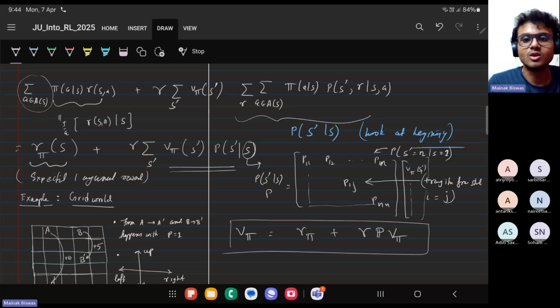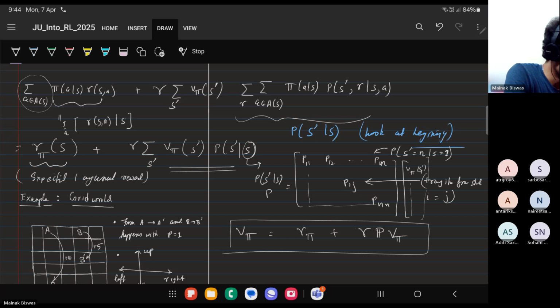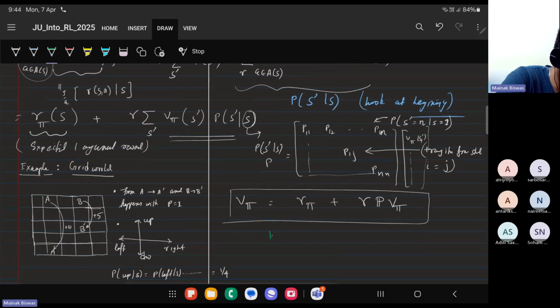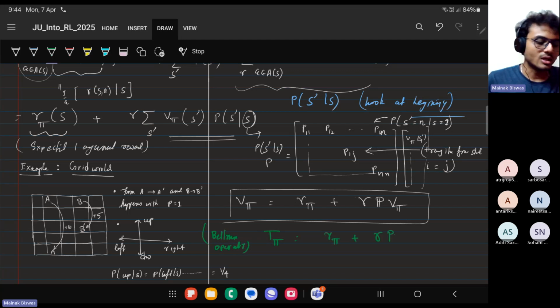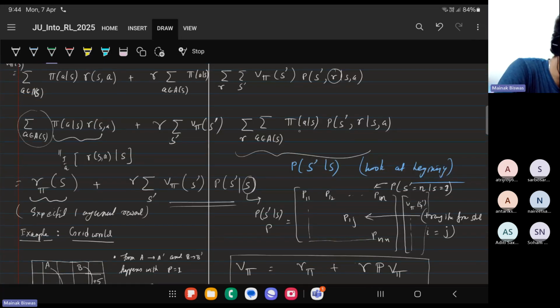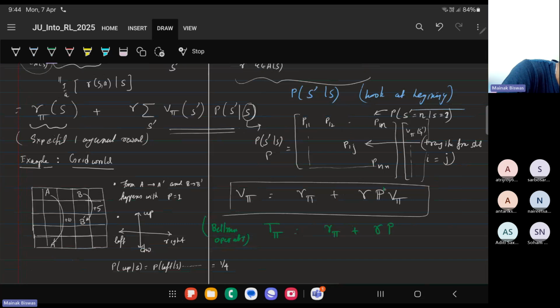This is called the Bellman operator equation, where the Bellman operator T pi is equal to R pi plus gamma P. Here P again depends on the policy, so you can write P pi as well on the top. So gamma R pi, the one-step reward function, plus gamma P pi.